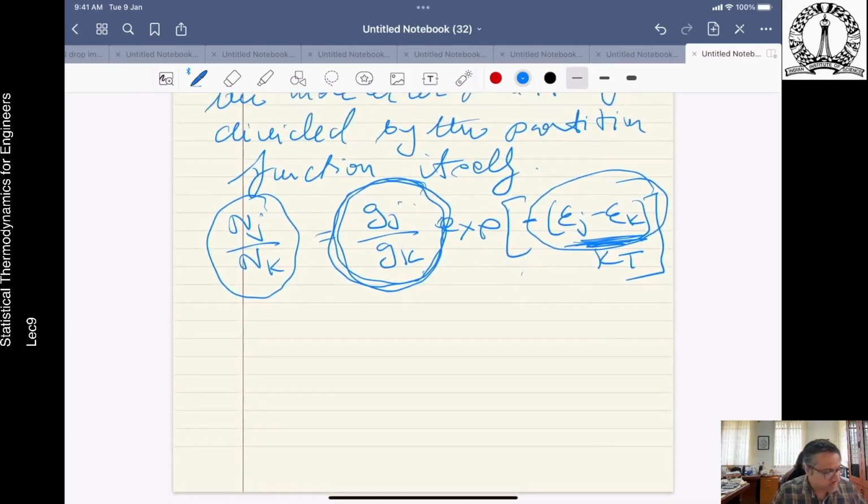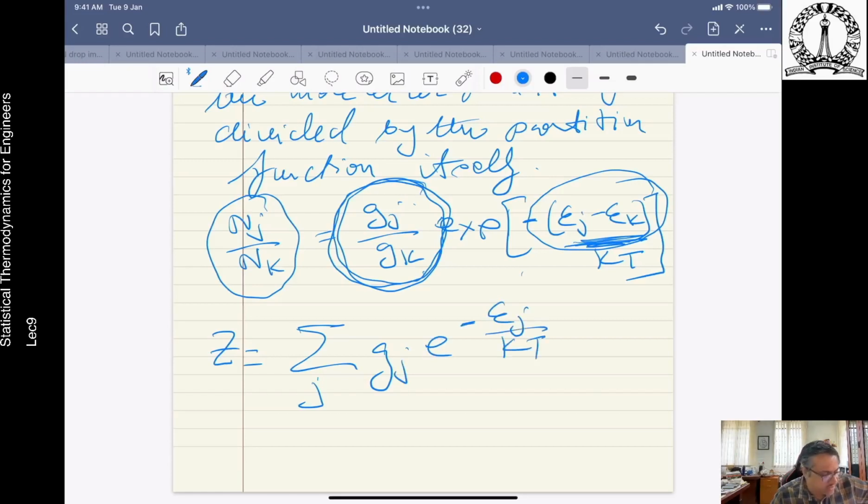Okay, so Z, once again, let us write it unequivocally in very large font: the sum of Gj exponential minus Ej by Kt.